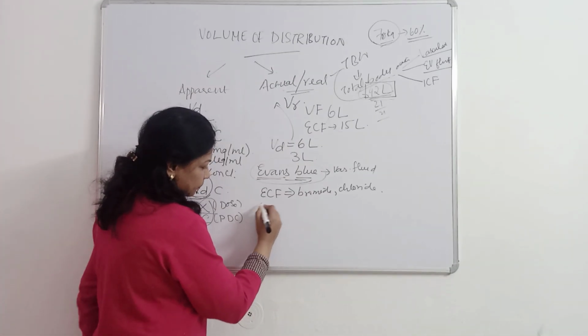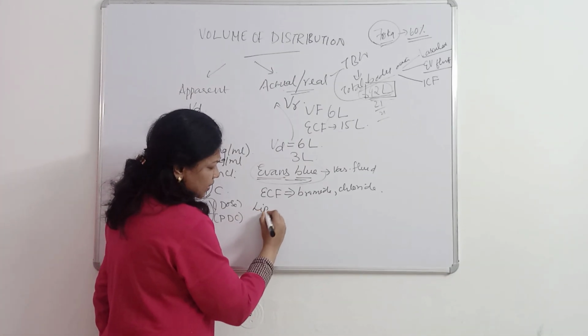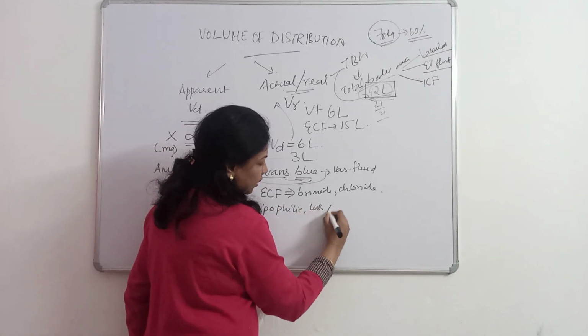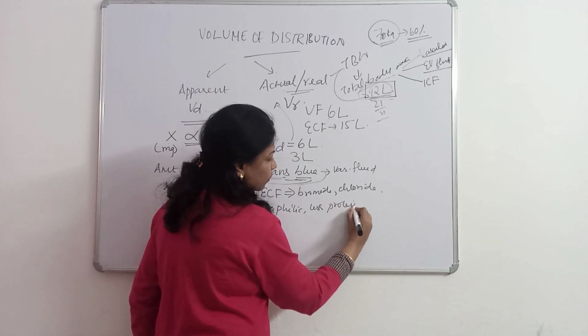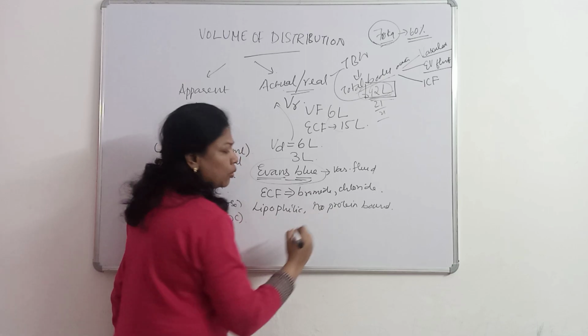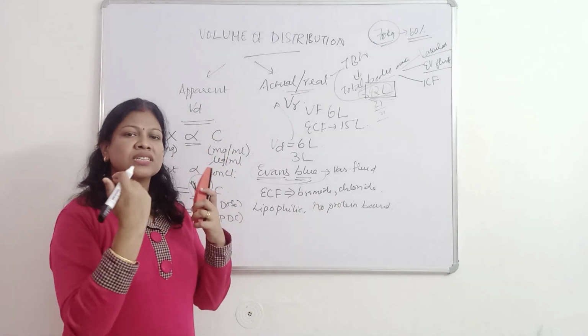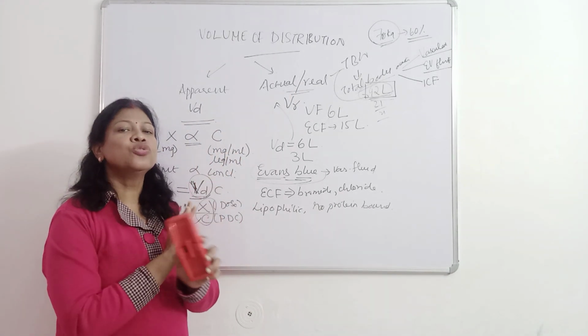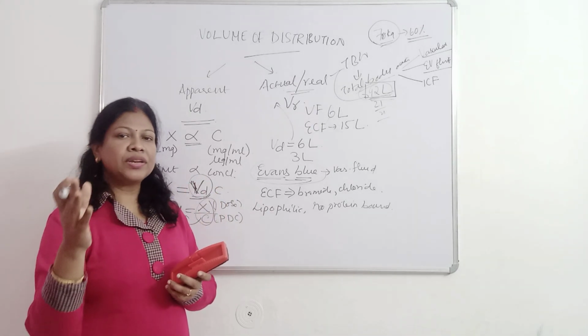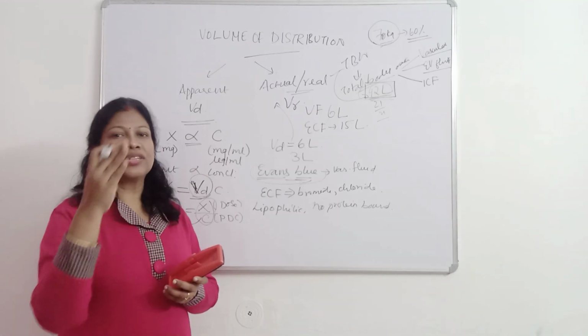And lastly, the substances which are highly lipophilic in nature and have negligible protein binding, the drug which is devoid of protein binding and is lipophilic, can permeate through the membrane and can be accessible throughout.